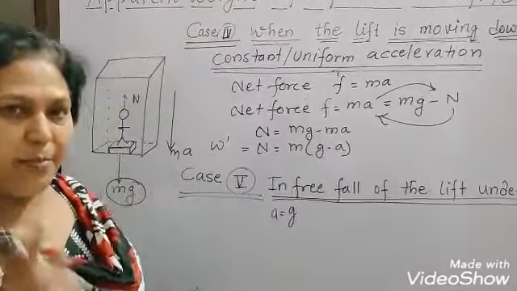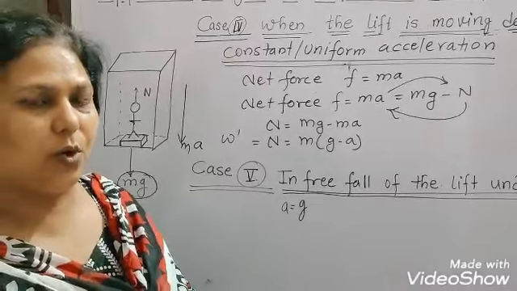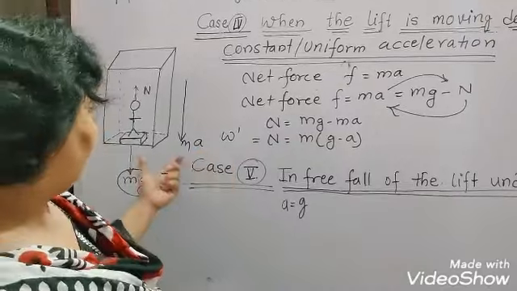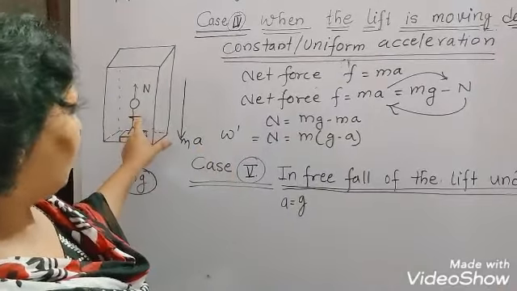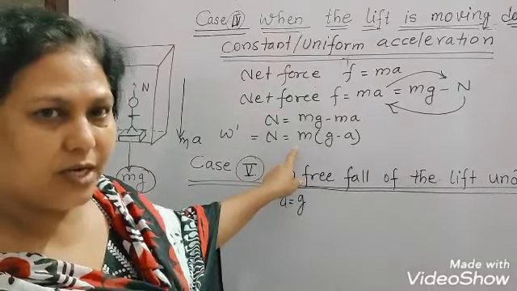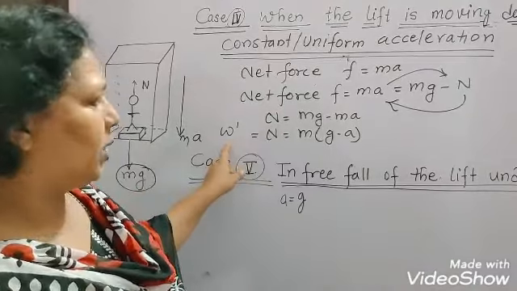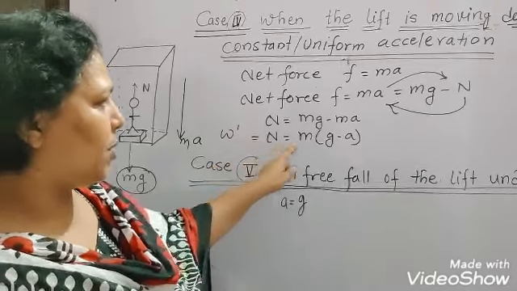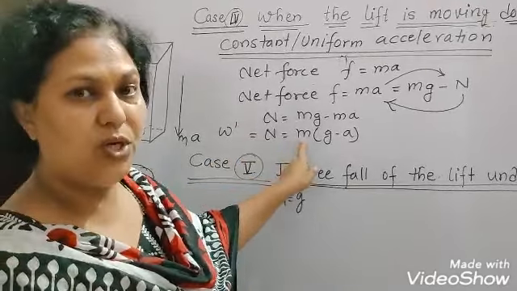That means the apparent weight of the person, or the weighing machine which is measuring the weight of that person, will be less than the actual weight. Okay, so apparent weight will be less than the actual weight, and by what amount? By amount ma.